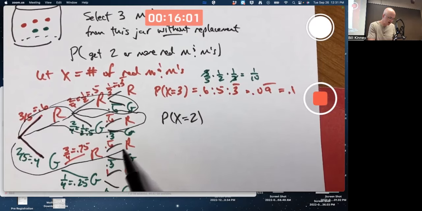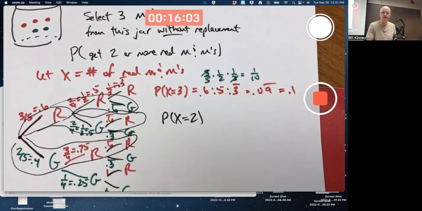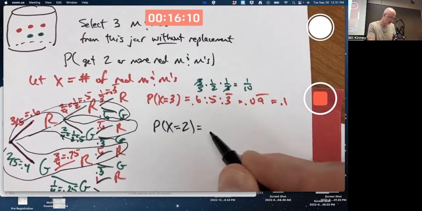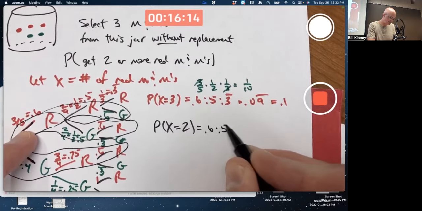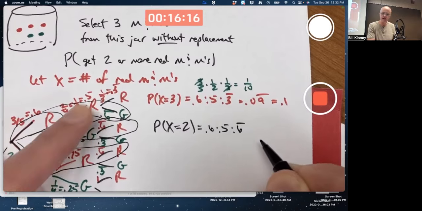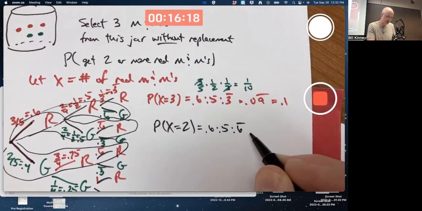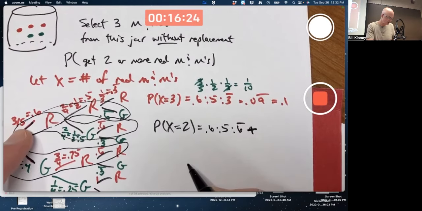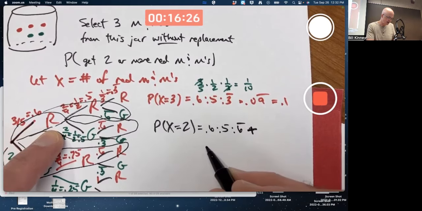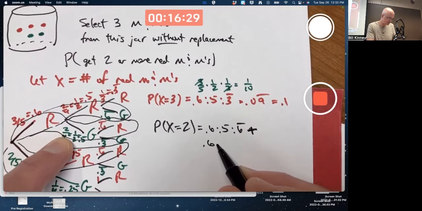So I've got to compute the probabilities along those branches and add the results, right? So this would be looking along this one. It looks like 0.6 times 0.5 times 0.6 repeating. And since 0.6 repeating is double 0.3 repeating, that's got to be 0.2, but I'll do a plus sign here first because I got to add the other ones.